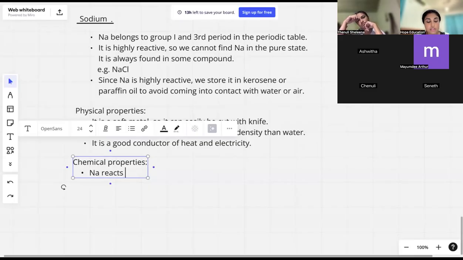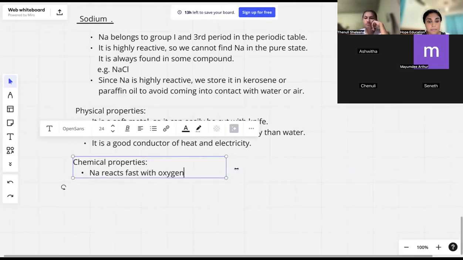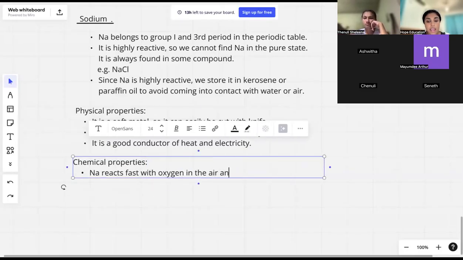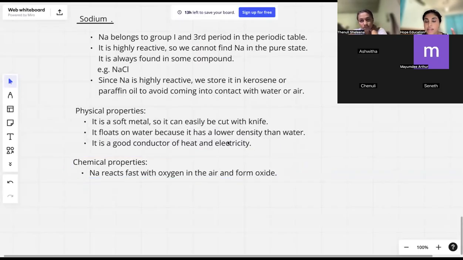Sodium reacts fast with oxygen in the air and forms an oxide. If any metal reacts with oxygen, what is being formed is an oxide. So it forms an oxide.